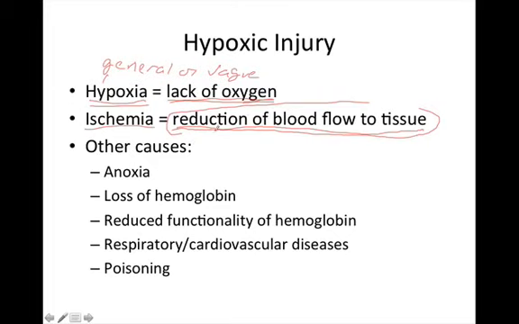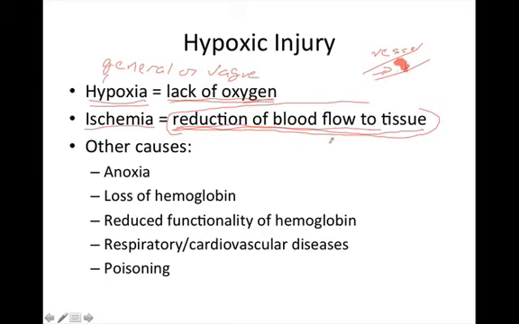Most of the time when we're thinking about ischemia, if we think this is a blood vessel here, we're thinking that there's some kind of a blockage inside of that vessel and blood flow is being obstructed to that tissue. That's hands down the most common form of ischemia out there. We're going to see blockages in vessels.